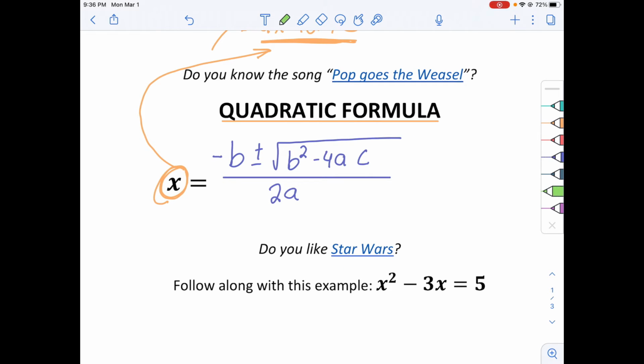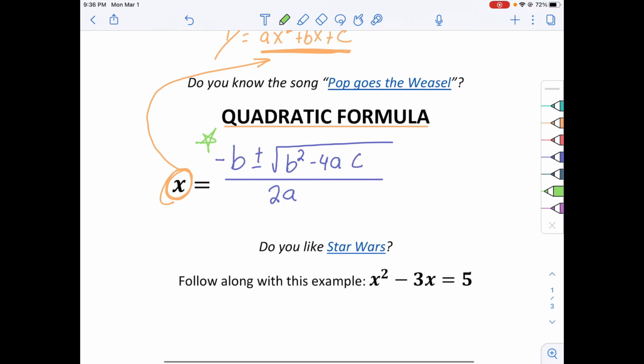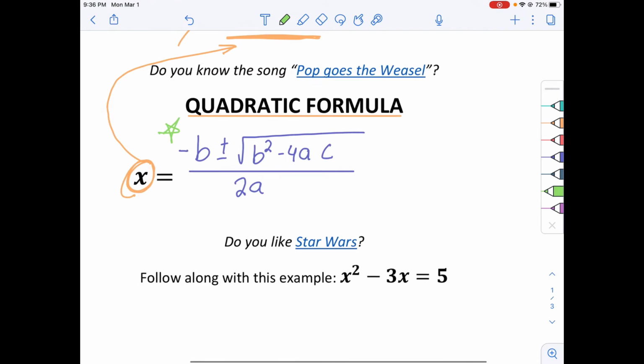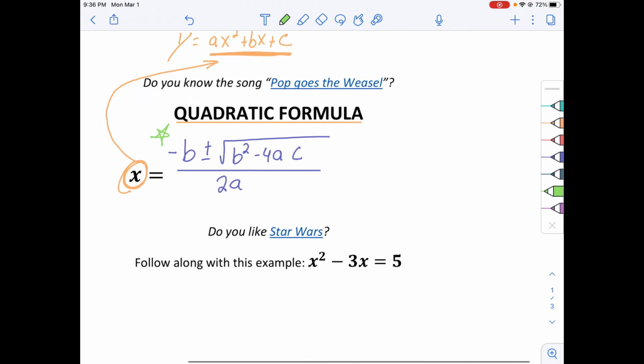So extremely intimidating, right? But this is the quadratic formula. It's something you have to memorize. You're going to use it a bunch in the rest of this class. You're going to use it a bunch more in Algebra 2 when you get there someday. So it's something that you're going to have to memorize.